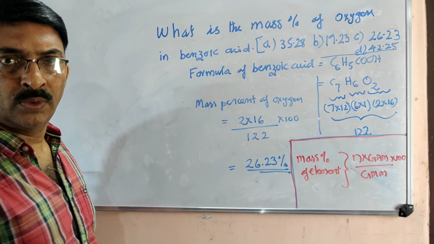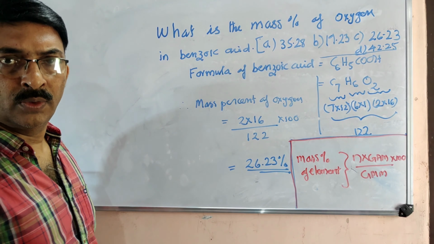When they ask minimum molecular mass, they mean, see, this compound is having sulfur. There must be at least one sulfur atom per molecule. You cannot have fractions of sulfur atom. So when they ask minimum molecular mass, they mean the molecular mass of the compound when there is only one sulfur atom in it. So while you calculate minimum molecular mass, you have to substitute n is equal to 1.